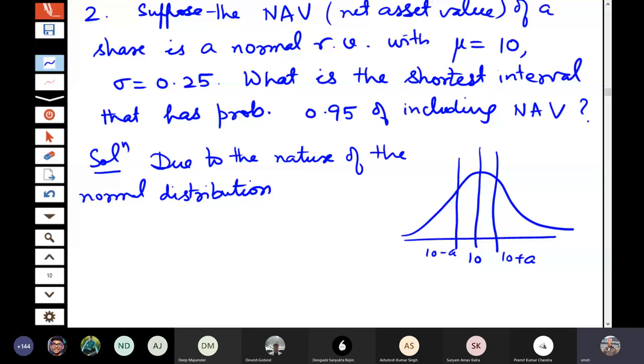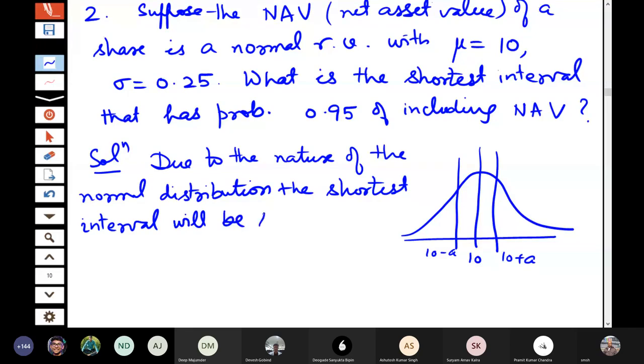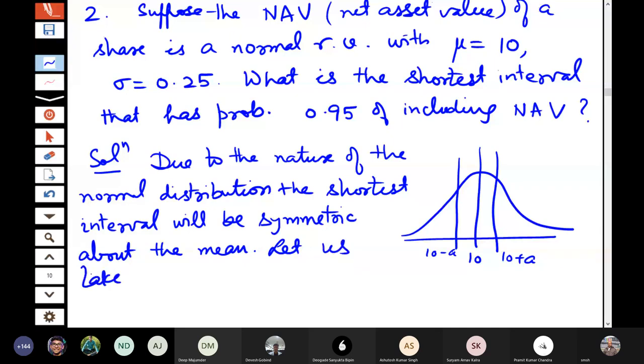So due to the nature of the normal distribution, the shortest interval will be symmetric about the mean. So let us take the interval 10 minus a to 10 plus a.